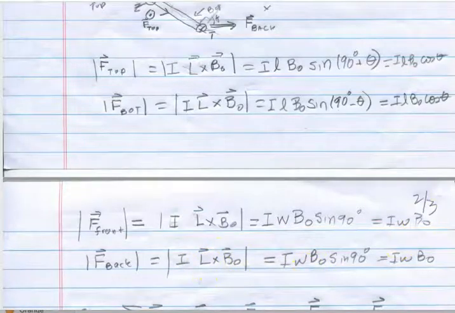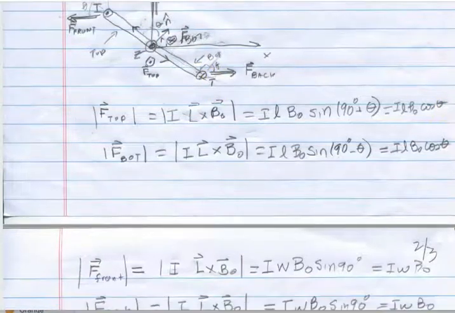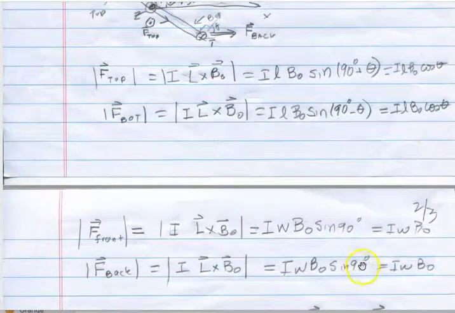And again, the angle is 90 degrees because current's going into the page and the magnetic field is in the Y direction. So this is perpendicular everywhere to the magnetic field. And so the angle is 90 degrees, and again you get I W B.